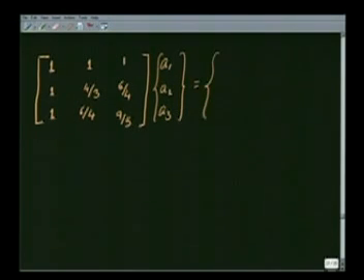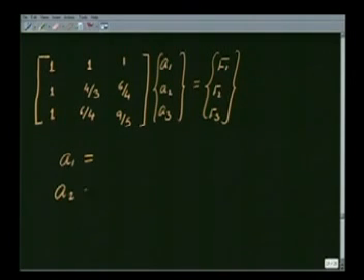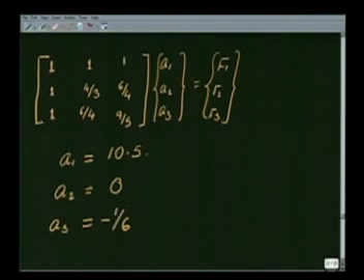This 6 by 4 also has to be here, because it is symmetric. This into A1, A2, A3 is equal to F1, F2, F3, where F1, F2, F3 can be evaluated from the integrals. We will end up getting the coefficients A1 equal to 10.5, A2 equal to 0, and A3 equal to minus 1 by 6.